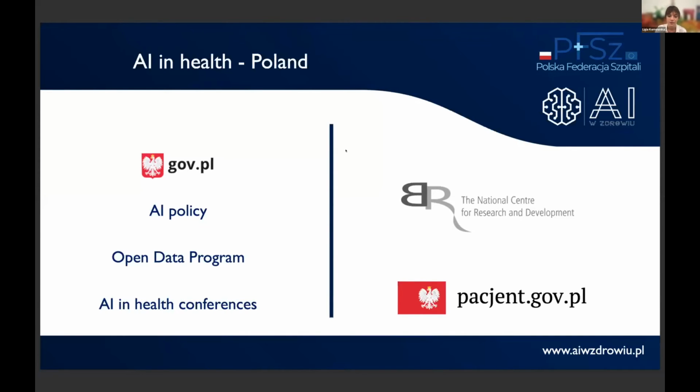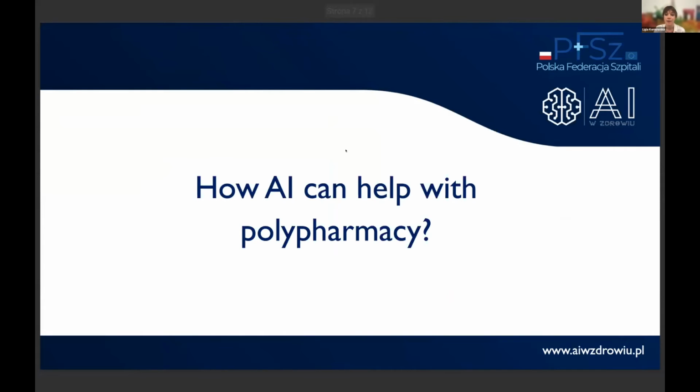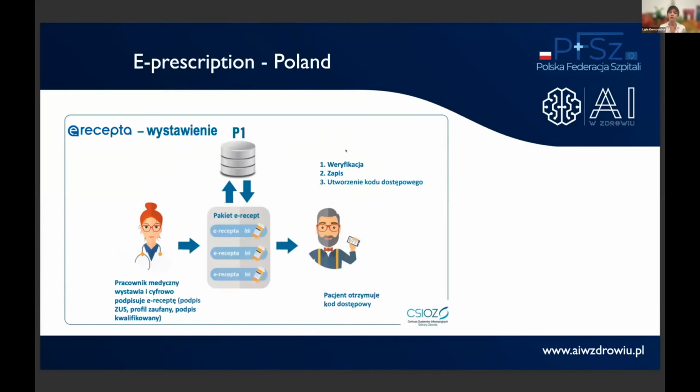So it's really nice. But the most important question is how AI can help with the problem of polypharmacy. First of all, I would like to tell you something about the e-prescription system in Poland, because we have a national e-prescription system that allows every doctor to give a prescription to a patient through the national system.